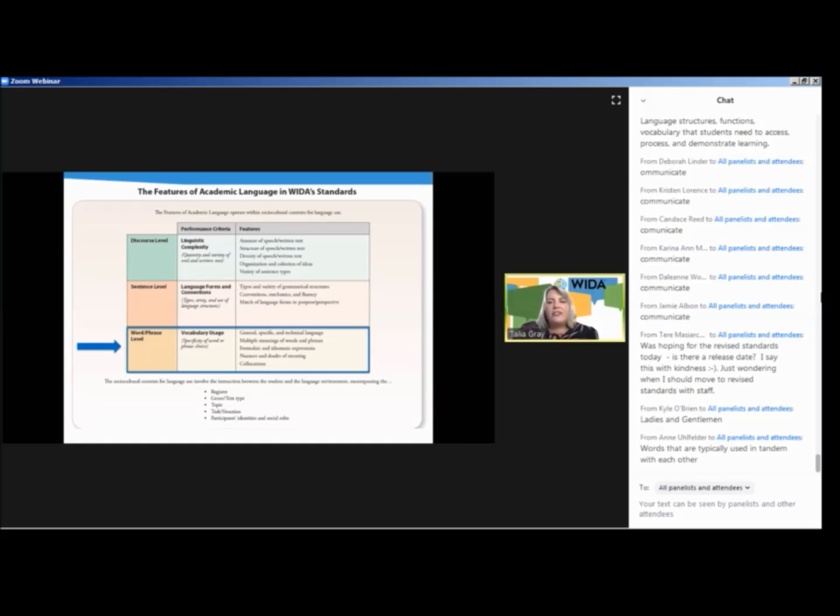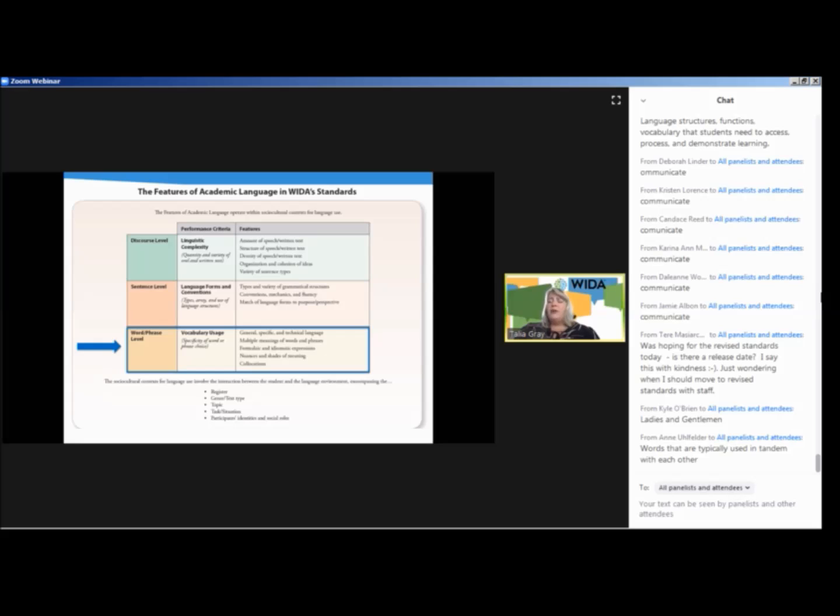You wouldn't say that you're taking a false true test. You would say a true false test. Collocations are present in every language. We don't spend a lot of time teaching those, but you can use a collocation in their native language to explain what one is.